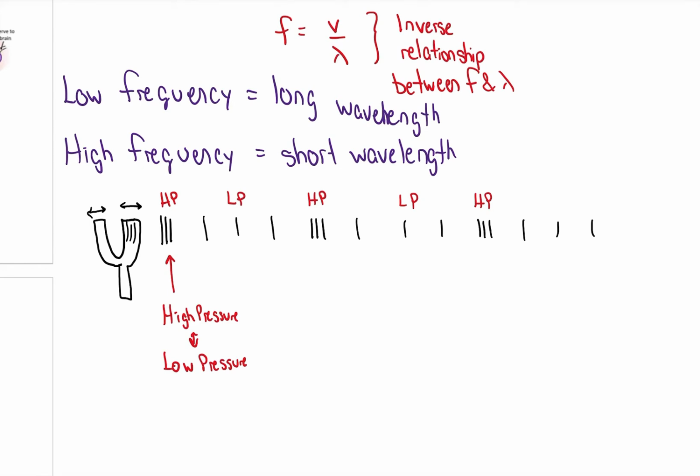Now, if you were over here, and let's draw you in green. I can draw tuning forks even better than I can draw people. You've got an ear on the side of your head. The air right outside your ear, like it did over by the tuning fork, is going to alternate between high and low pressure.